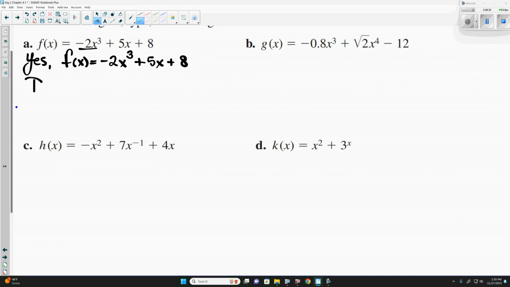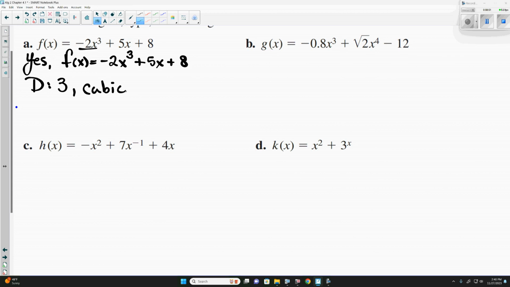Degree. What would the degree be? Biggest exponent. Three. The type would be cubic.